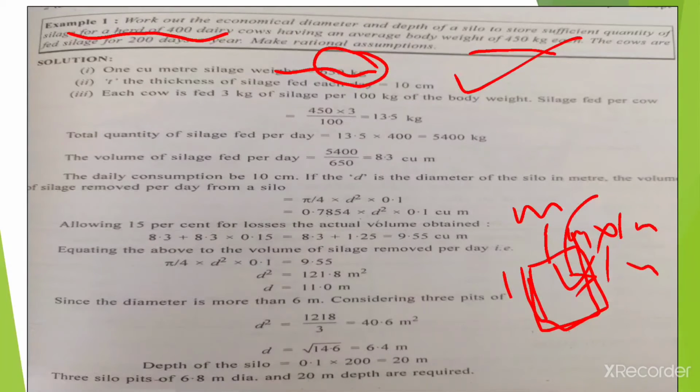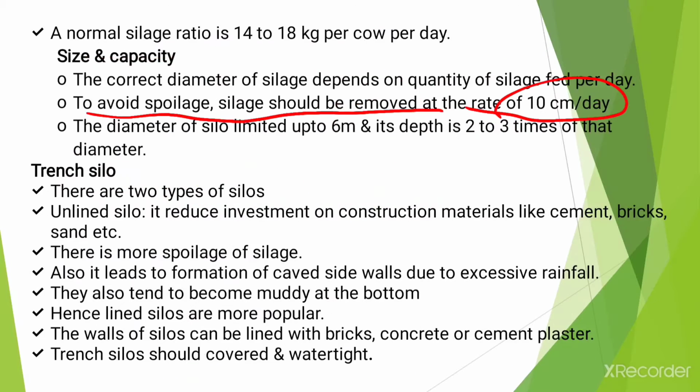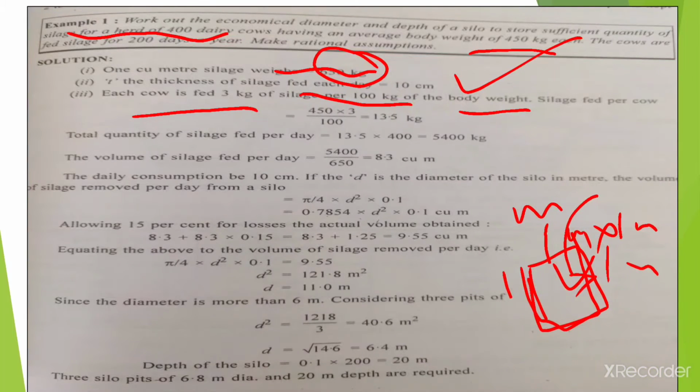Now each cow is fed 3 kg of silage per 100 kg of body weight. This recommendation is also given here. The cow is fed about 3 kg of silage per 100 kg of her body weight. So this third assumption is assumed here.